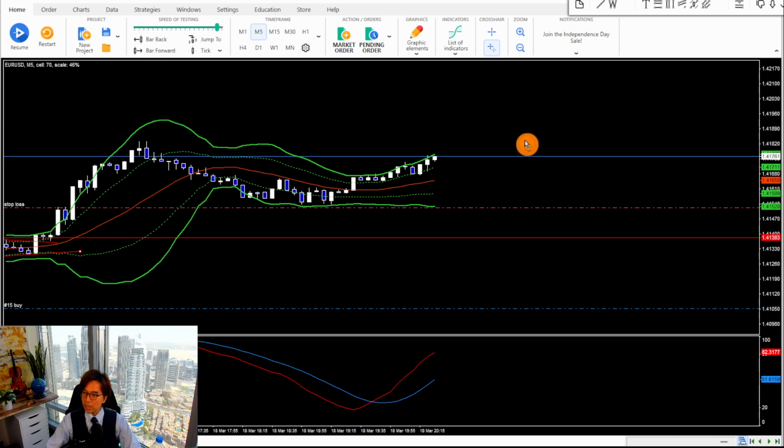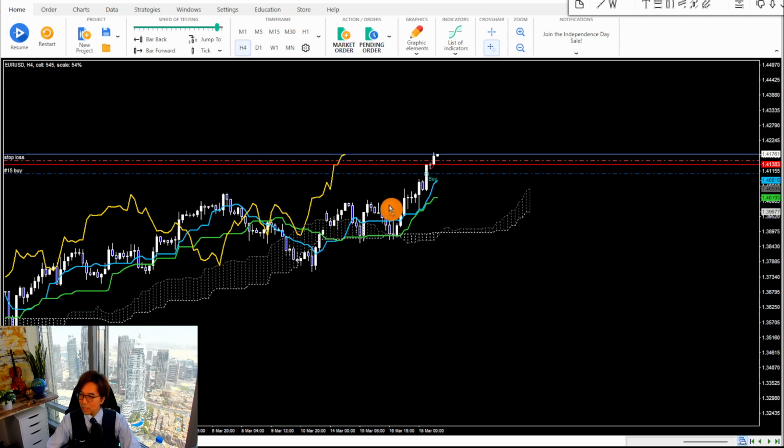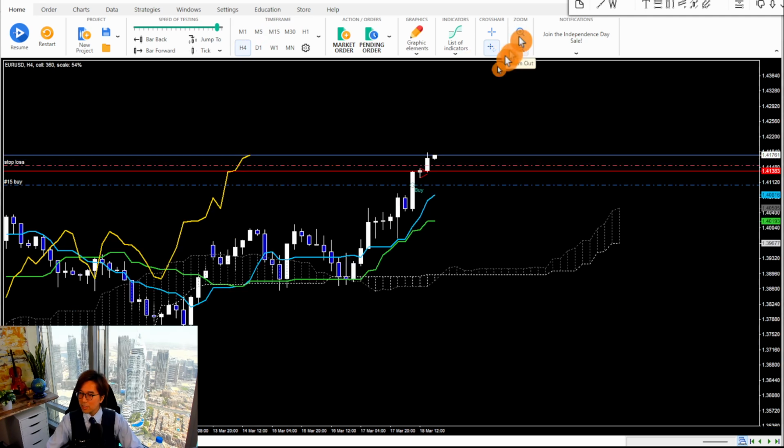Okay, so now let's see how the 4 hour looks. On the 4 hour chart, Kumo and Kijun Sen are flat, Senkou Span A is up, but Senkou Span B is flat.